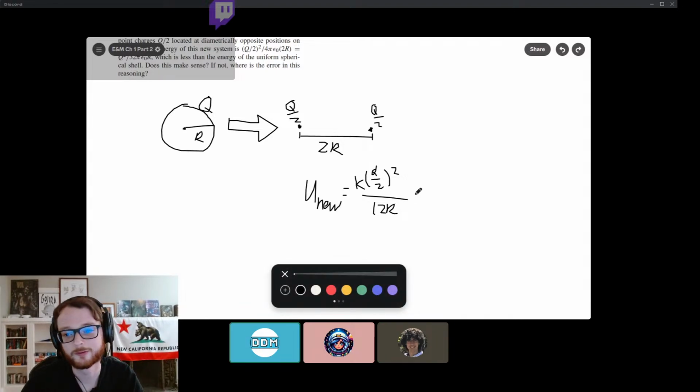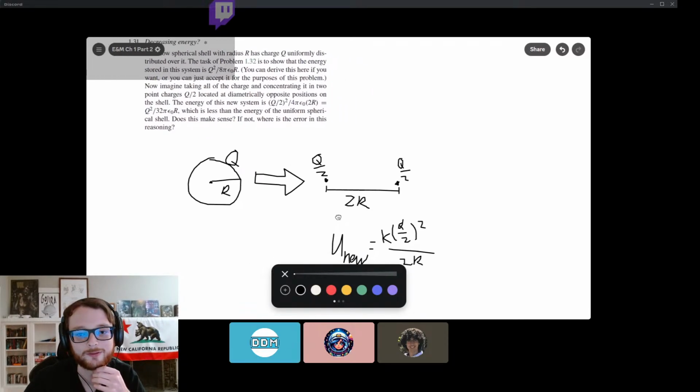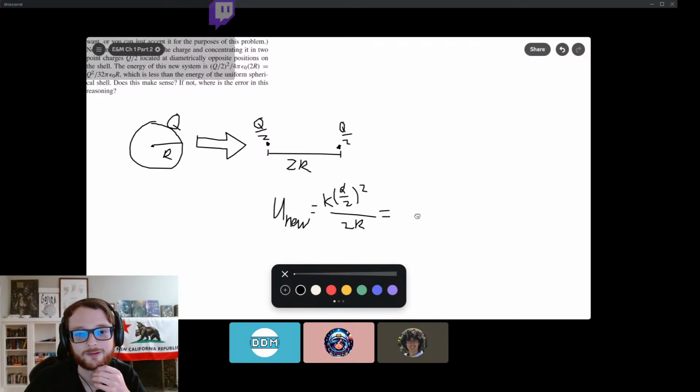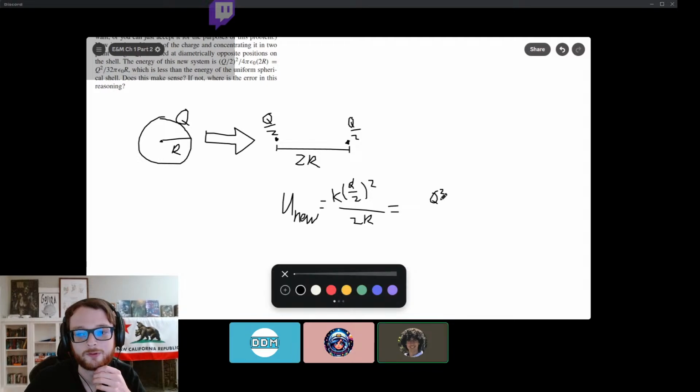Nope, not squared. Just 2R. Well, I guess they use 4 pi epsilon now. Okay. Yeah, that's what they've written there. Yeah, it's 2 to the 5th. Okay. Pi epsilon naught R.